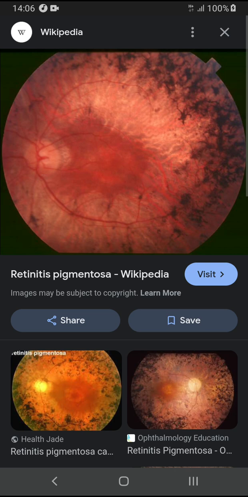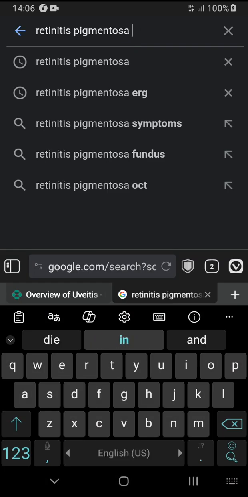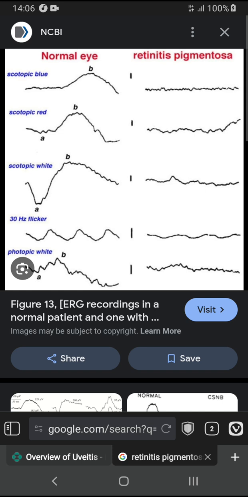Also, if ERG, electroretinography, is done, you can see changes in retinitis pigmentosa, which is flattening of the waves. In ERG, there are two waves. The first one is the A wave, which is negative. It represents the photoreceptors. And the second wave is the B wave, which represents the bipolar cells and Muller cells.